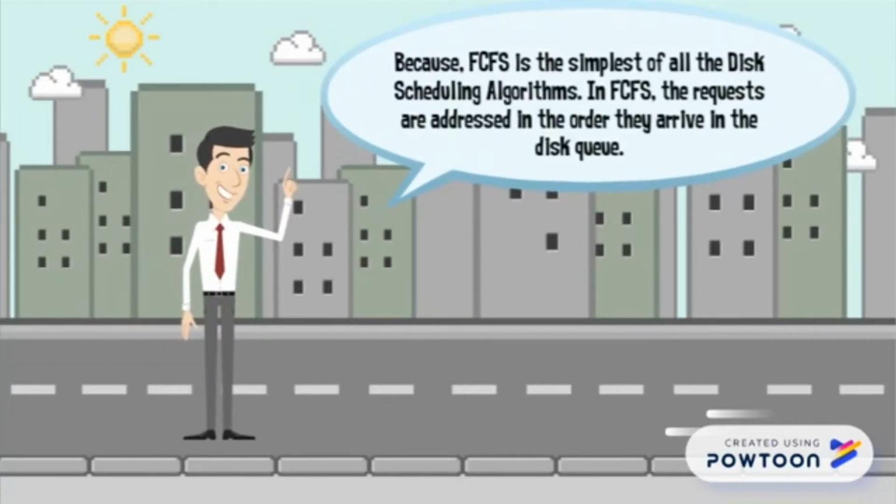FCFS is the simplest of all the disk scheduling algorithms. In FCFS, the requests are addressed in the order they arrive in the disk queue.